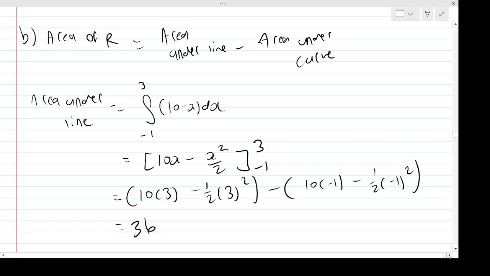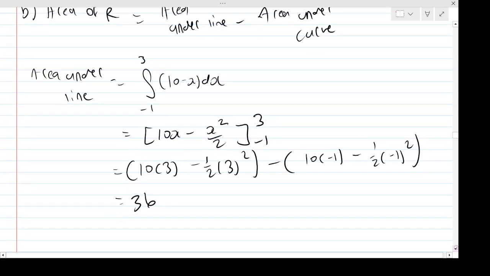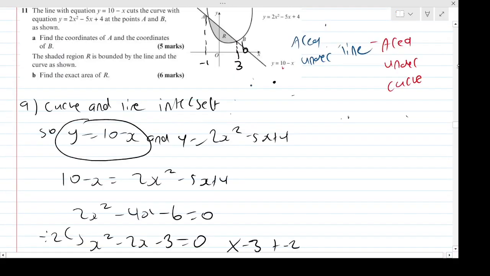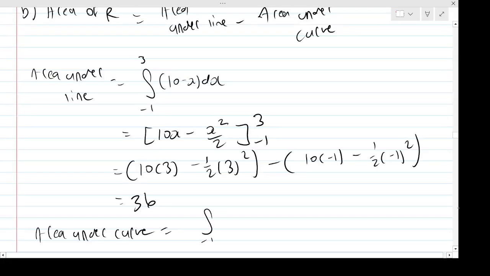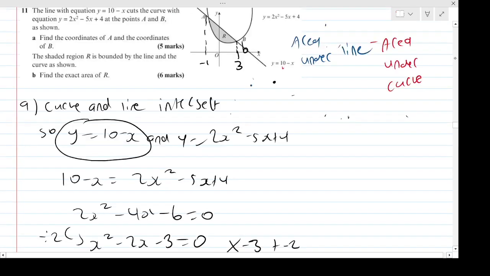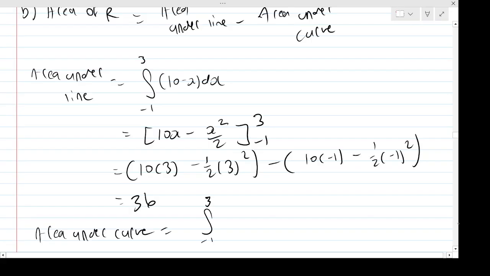Now the area under the curve, which is again this portion here under the curve, is going to be between minus 1 and 3. The curve is 2x squared minus 5x add 4.